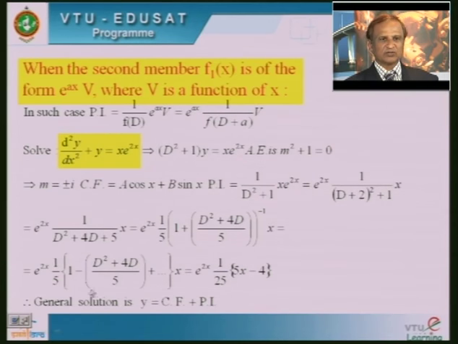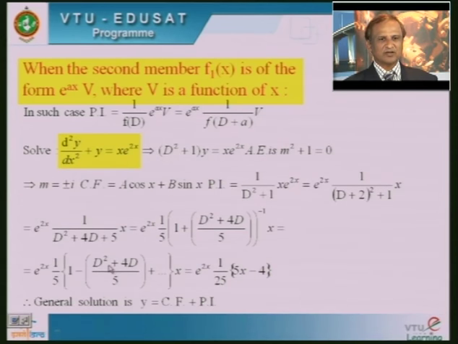So, I want to multiply 1 into x, and you will get x only. Then D² is an operator, I want to operate on x. It can be written as D²/5 of x. D² means the second derivative of x, which becomes 0. Plus 4/5 times the derivative of x.